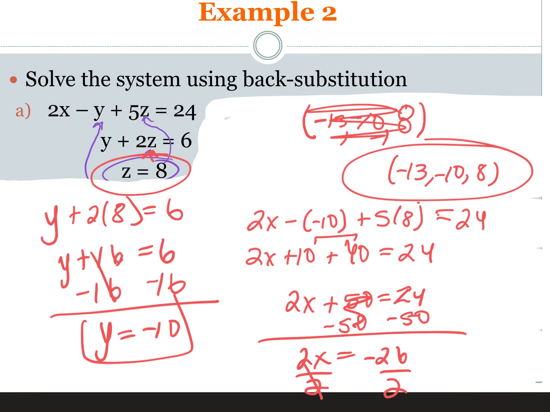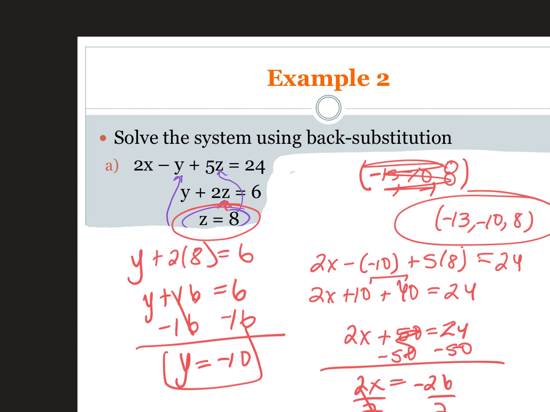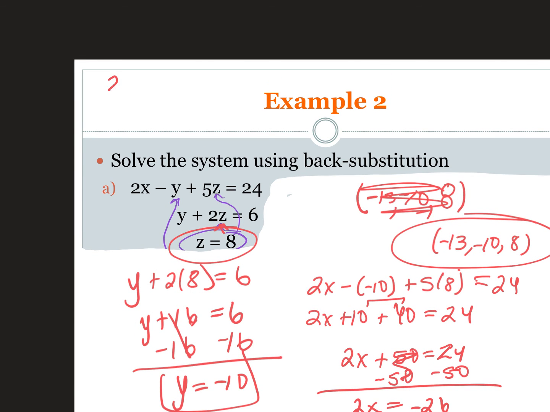Those are big numbers. Let's plug them back in just to make sure that this works. Let's go to the top. So I have 2 times negative 13 minus negative 10, right? Plus 5 times 8. Does that equal 24?